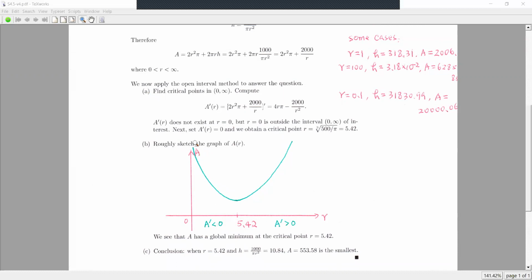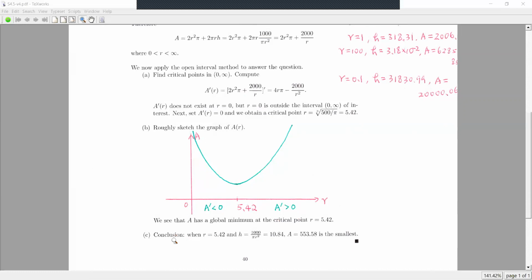So the graph of A is decreasing on this interval. Between the critical point and infinity, arbitrarily pick a point, evaluate the derivative at the point. We see that the derivative is greater than 0. So the graph of A is increasing on this interval. So therefore, at the critical point, A has a global minimum value.